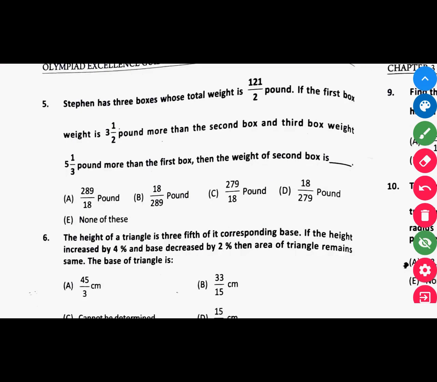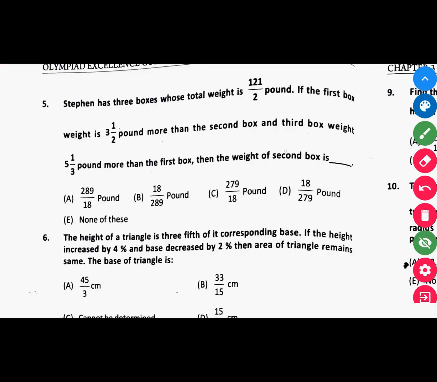Okay, so what we had done here, we first read the question carefully. What is given? The given is the weight of 3 boxes. So we assume 3 boxes as A, B, C. Then we know the weight of A is 3 and 1 by 2 pounds more than B. The weight of C is 5 and 1 by 3 more than A, the first box.